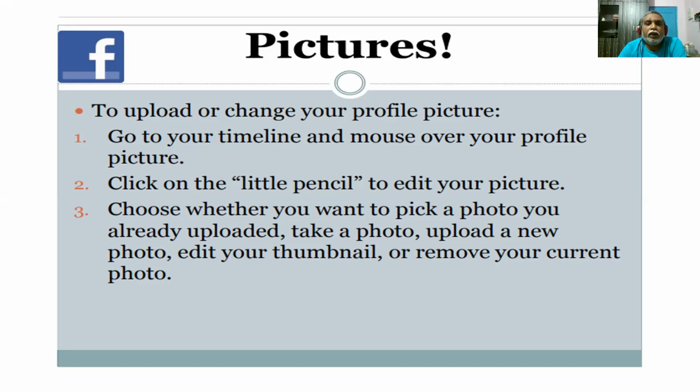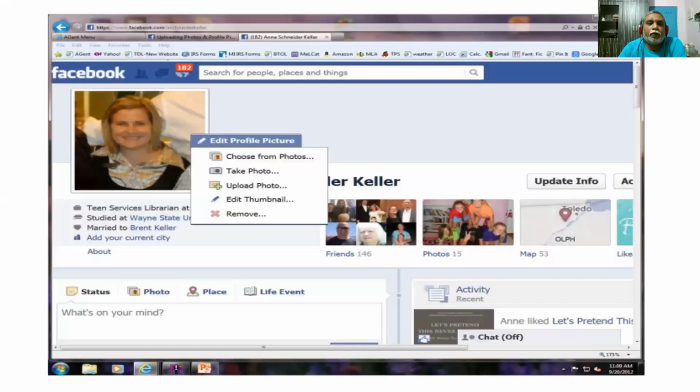Click on the little pencil to edit your picture. Choose whether you want to pick a photo already uploaded, take a photo, upload a new photo, edit thumbnail, or remove the current photo, as you use this utility in your Facebook account.